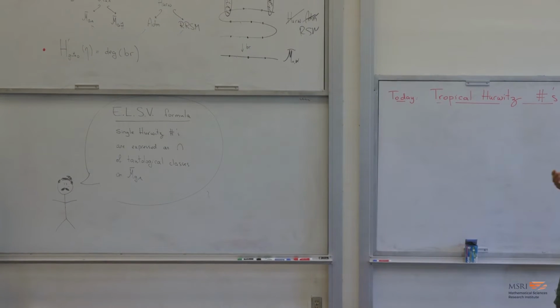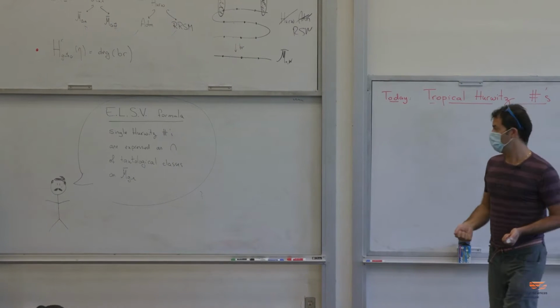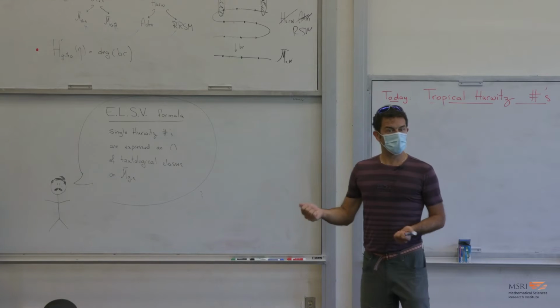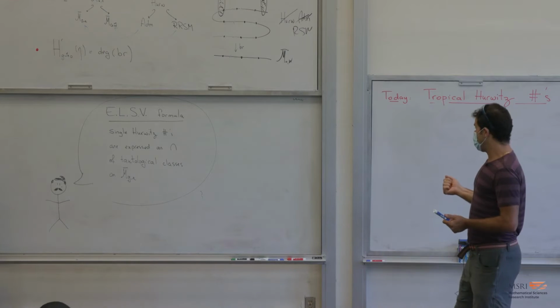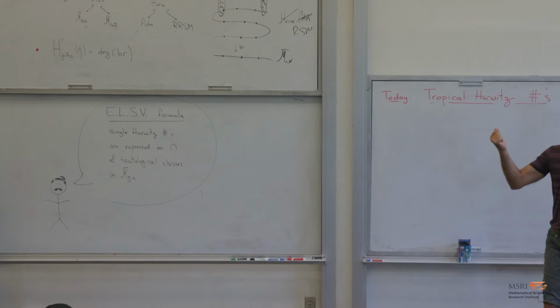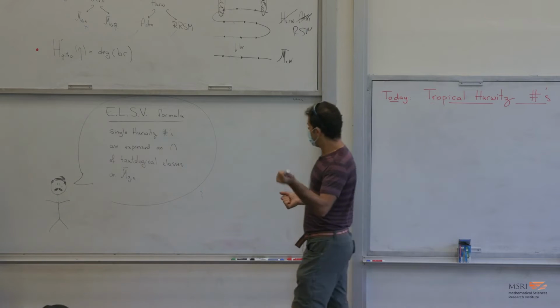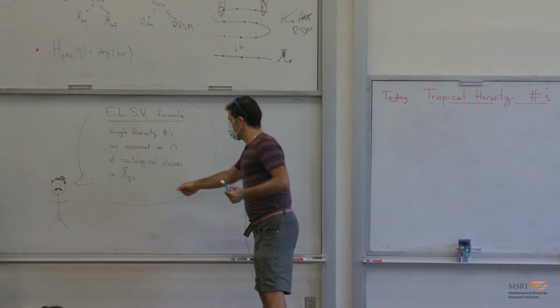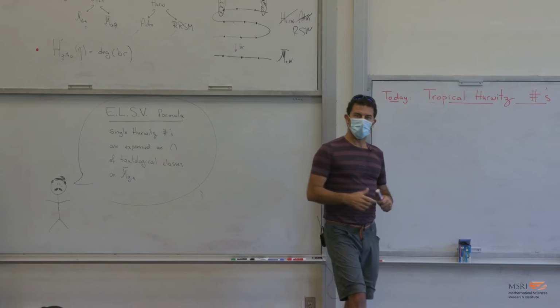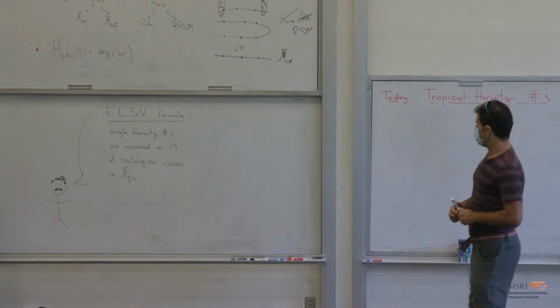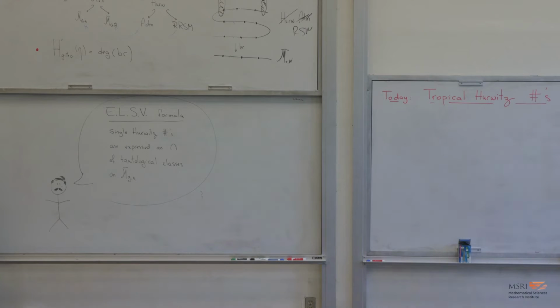These single Hurwitz numbers can be expressed as an intersection number of tautological classes of M_{g,n} bar. This is a fantastic formula because it really connects something which is very combinatorial and algebraic, such as the Hurwitz numbers, to something deeply geometric, which is the tautological intersection theory of M_{g,n} bar. Okay, so look forward to Vance's lecture Monday.